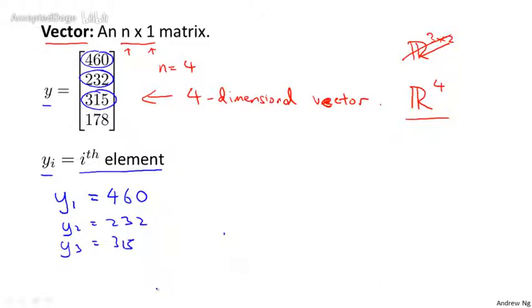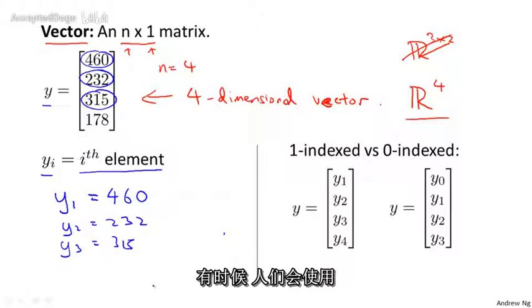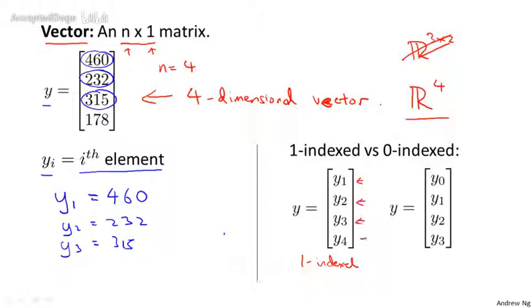It turns out there are actually two conventions for how to index into a vector, and here they are. Sometimes people use 1-indexed and sometimes 0-indexed vectors. The example on the left is a 1-indexed vector, where the elements we write as y1, y2, y3, y4.